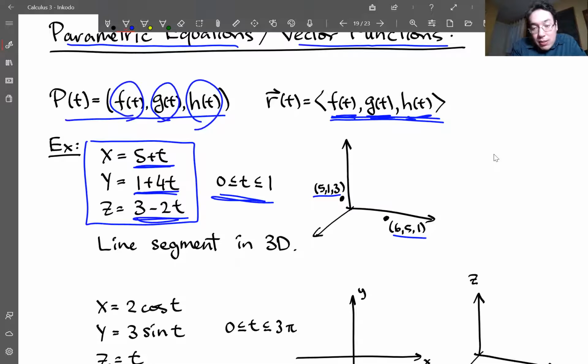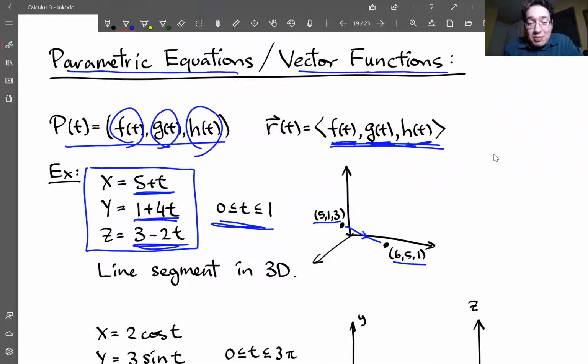The point changes in a direct straight line from (5, 1, 3) to (6, 5, 1). So this is a line segment in 3D, like a segment of the lines we've been working with. This is an example of a parametric equation, or a vector function if you change the parentheses to angled brackets.